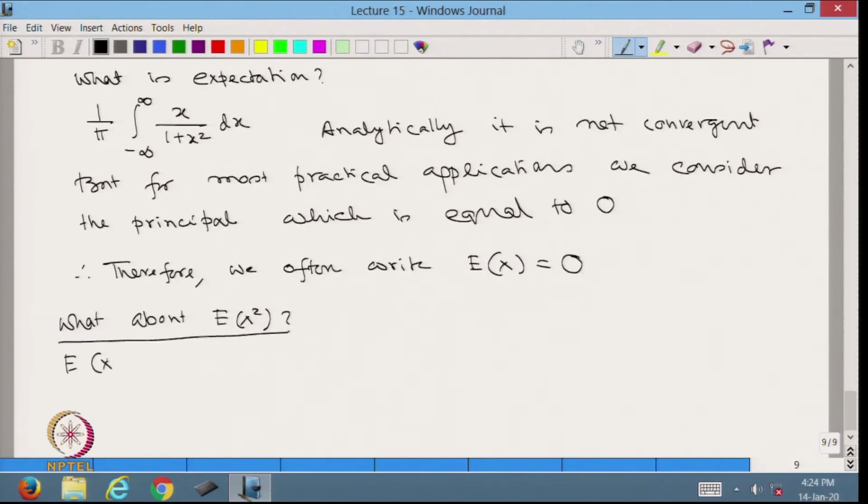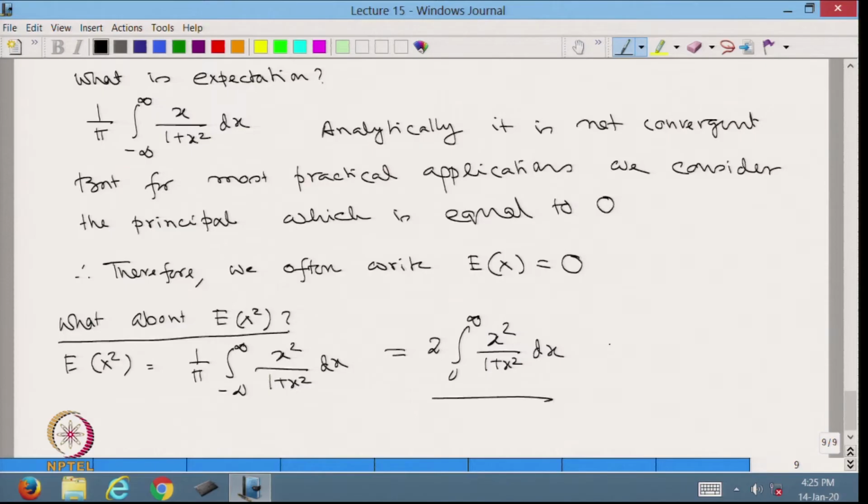Expected value of x square is equal to 1 over pi minus infinity to infinity x square upon 1 plus x square dx, is equal to 2 times 0 to infinity x square upon 1 plus x square dx, and this is surely not convergent.